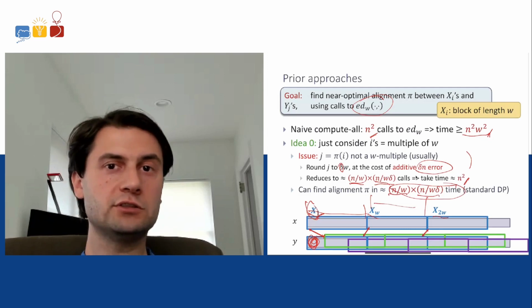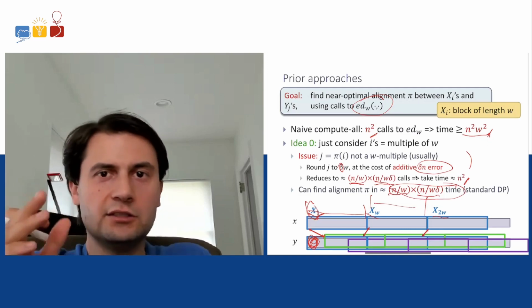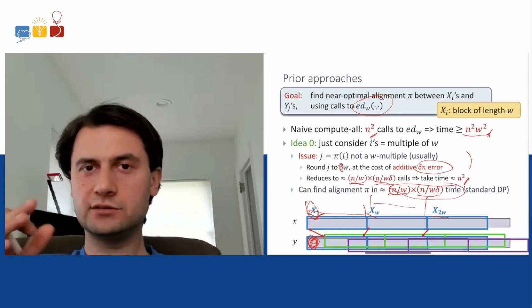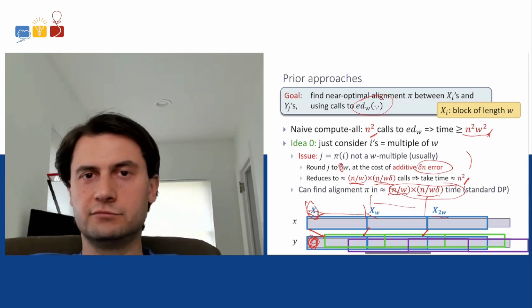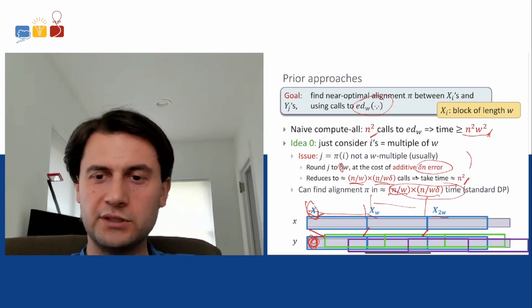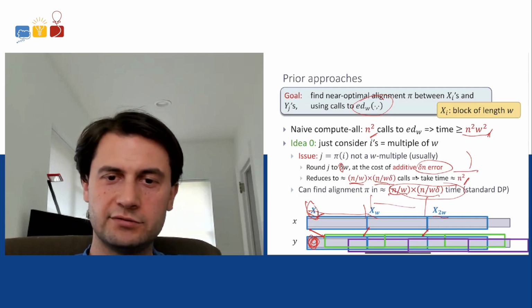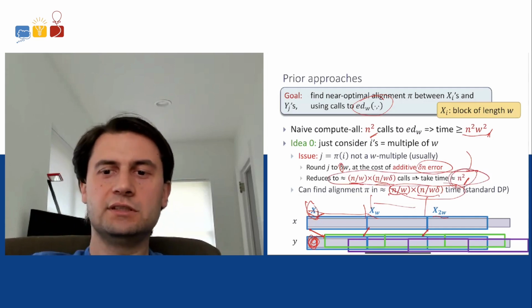So this is not a concern at all, right? Solving this dynamic program is not exactly the same as for edit distance, with some modifications, but reasonable modifications. But we're still at the level that the number of calls did not reduce sufficiently, and the runtime still is n squared.